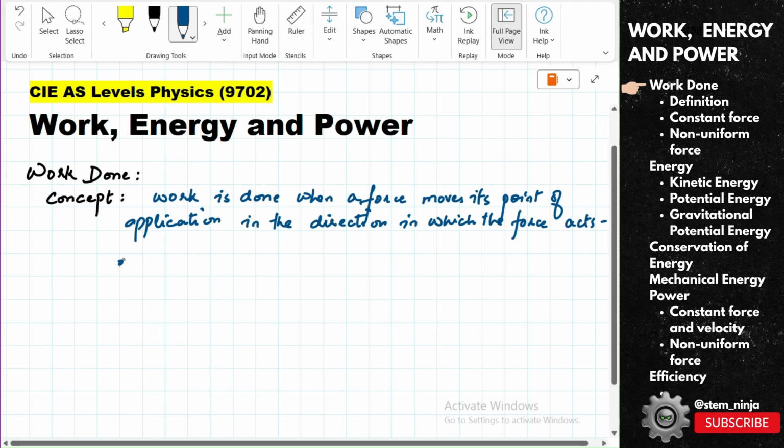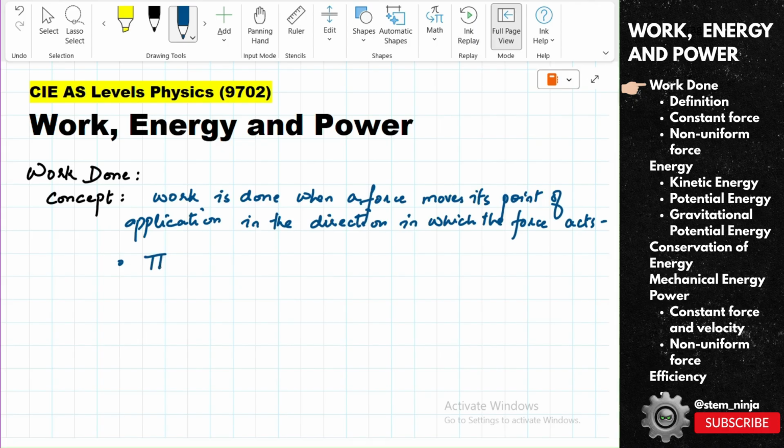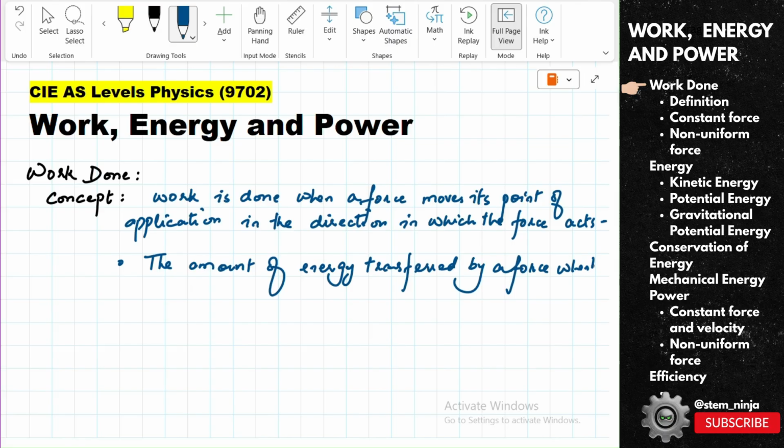Another way you could describe the concept is the amount of energy transferred by a force when it acts on an object to move it over some certain distance.